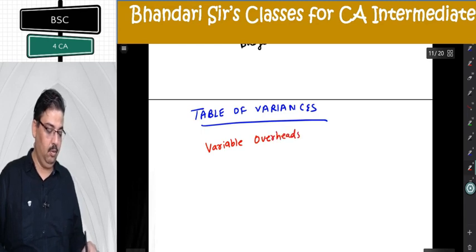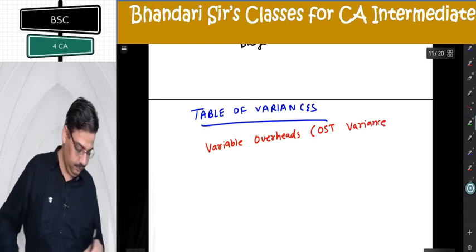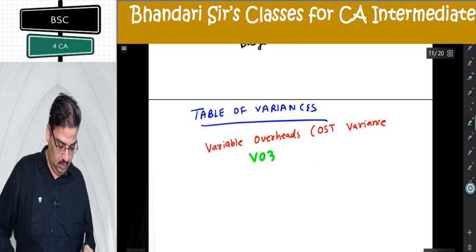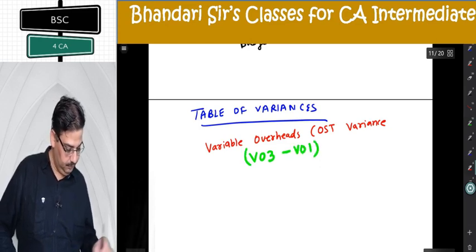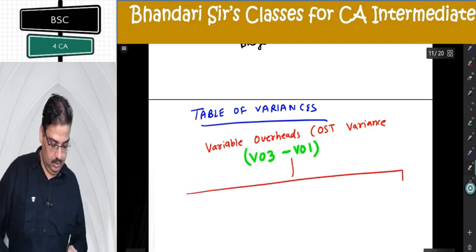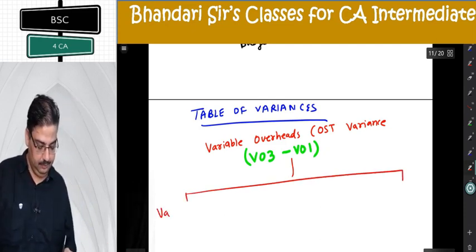Variable overheads cost variance: VO3 minus VO1. Under this, 2 categories only.